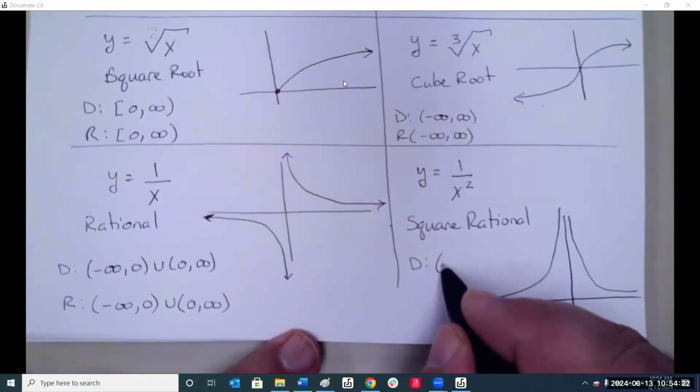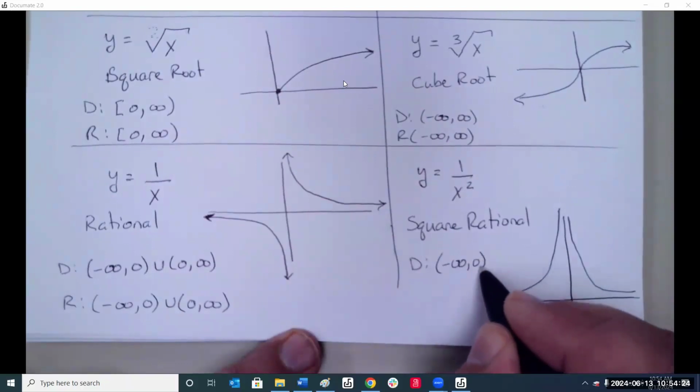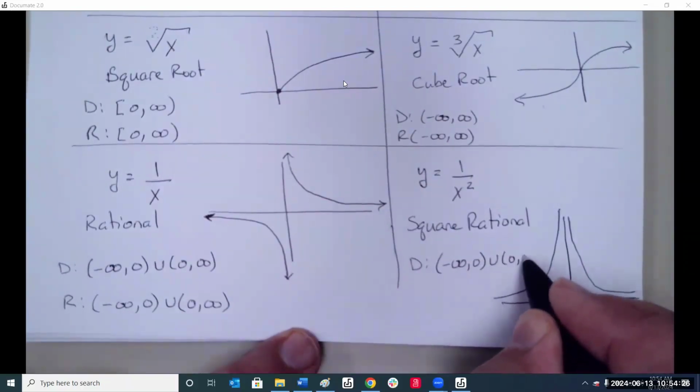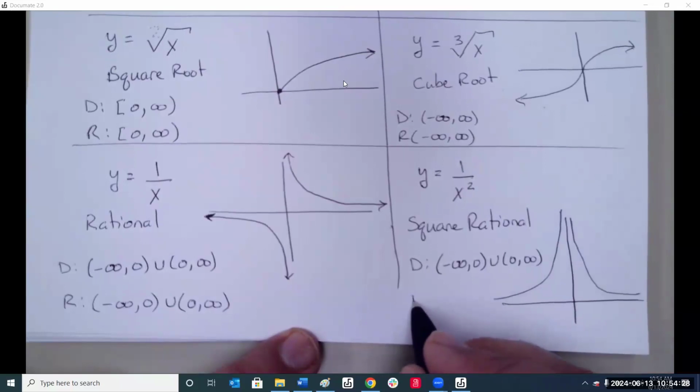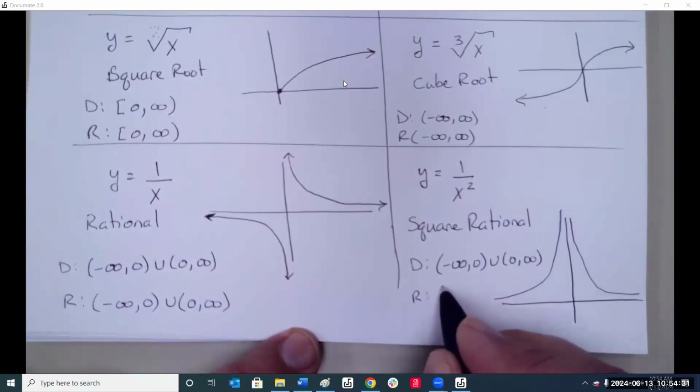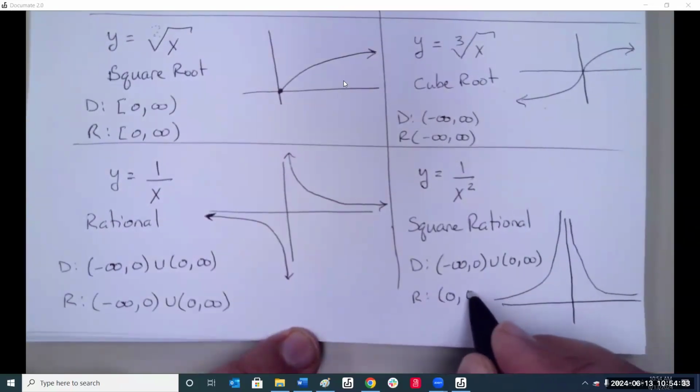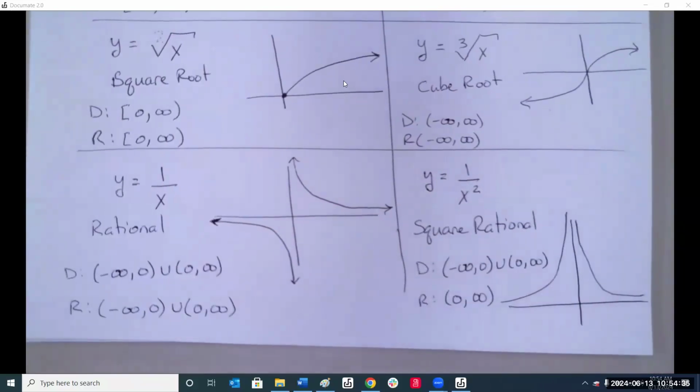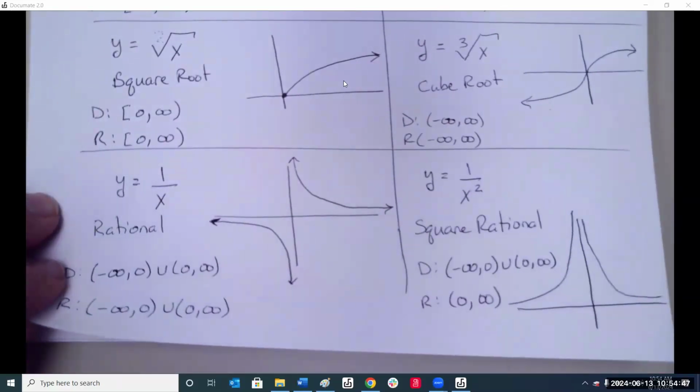The domain goes from negative infinity to 0, and then from 0 to positive infinity. And the range is strictly greater than 0. It cannot equal 0. And we have a couple more.